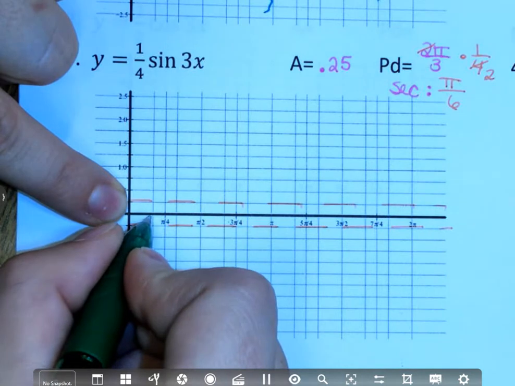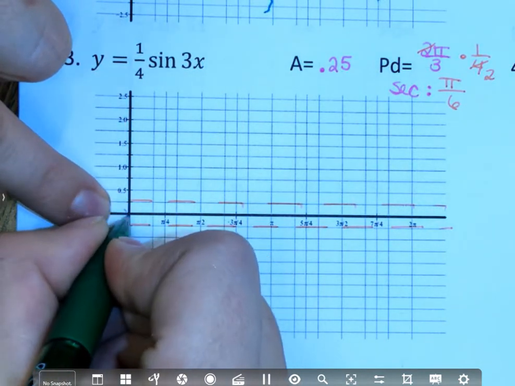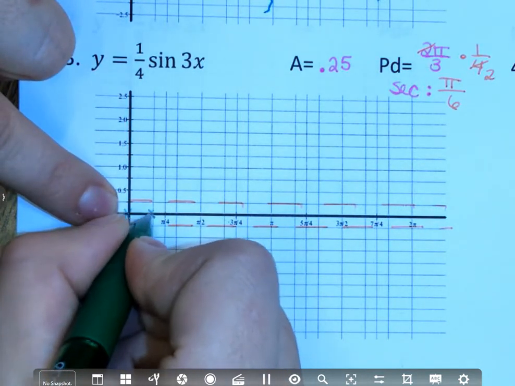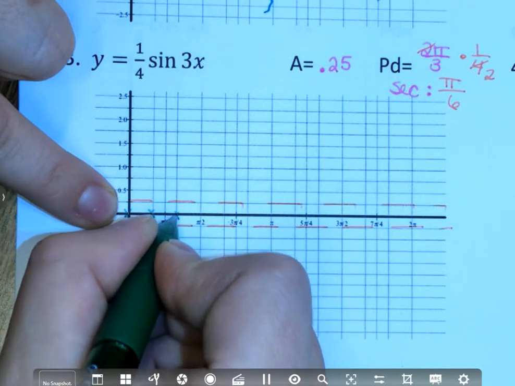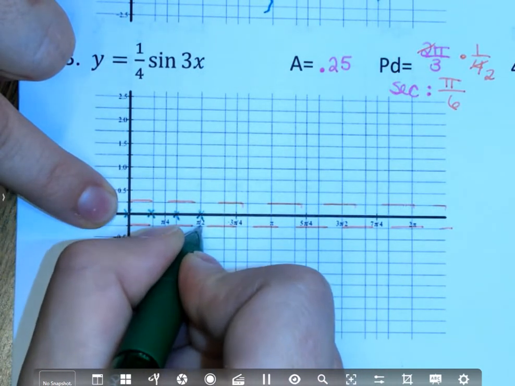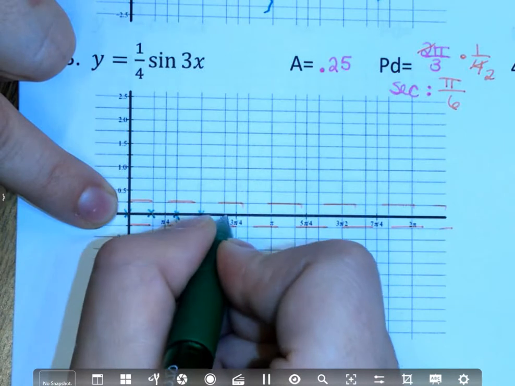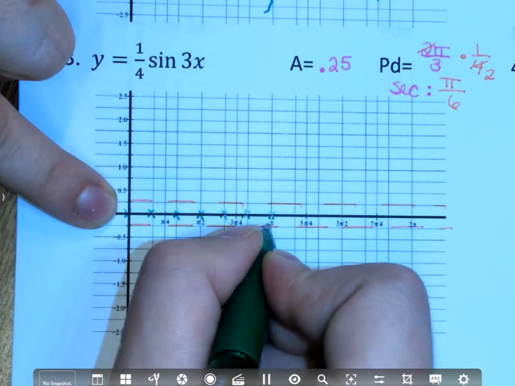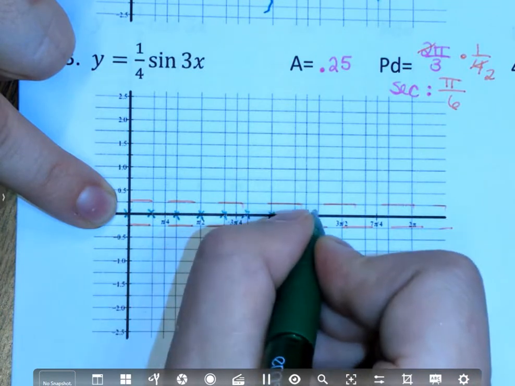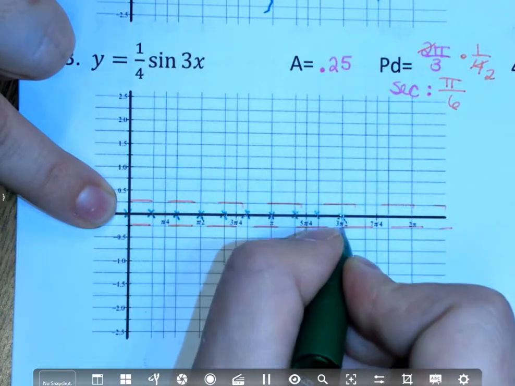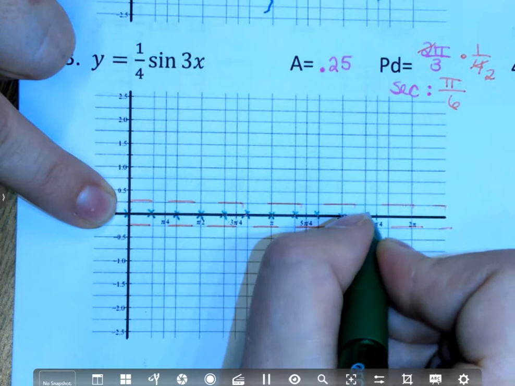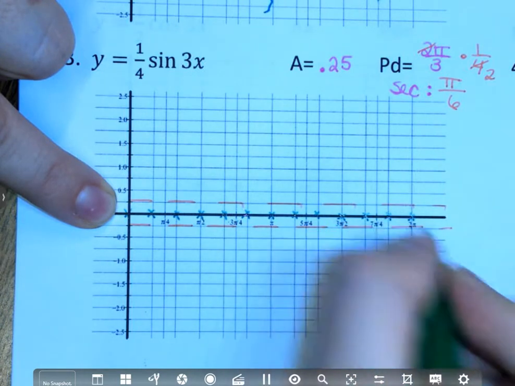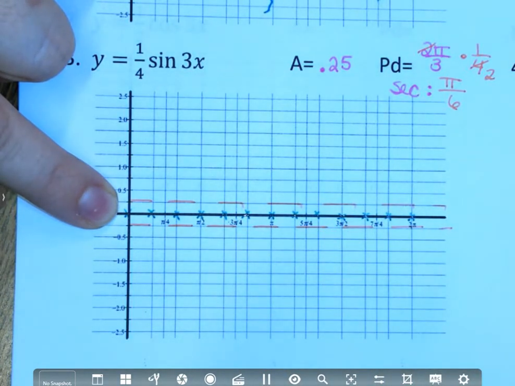That's because this is pi over 6. So for my sections, that's 1 pi over 6, 2 pi over 6, 3 pi over 6 is pi over 2, 4, 5, 6 pi over 6 is pi, 7, 8, 9 pi over 6, 10, 11, 12 pi over 6.